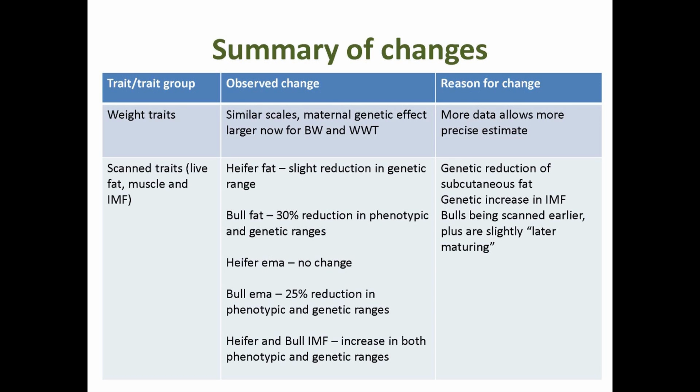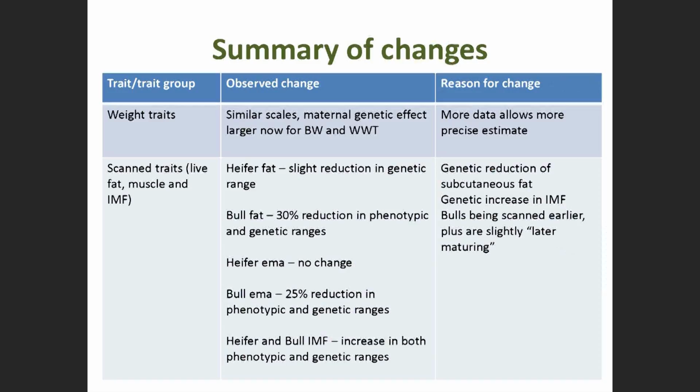So there's less range now in the EBVs for live fat in bulls than there was previously in Angus cattle. And as I said, I think that's a combination of some of this is a selection effect. The cattle have generally become a little bit leaner, and some of it I think is because bulls are being scanned slightly earlier in their life than they previously were.